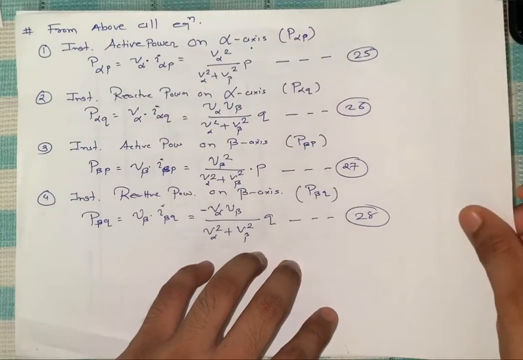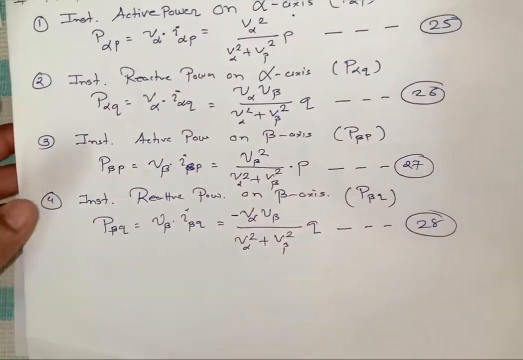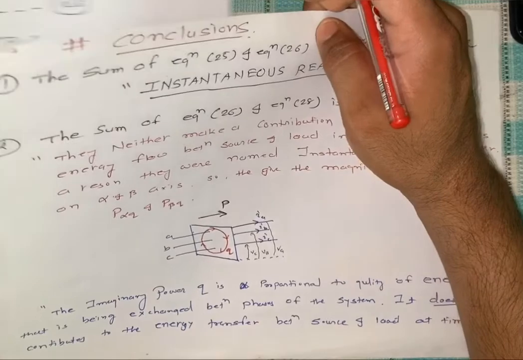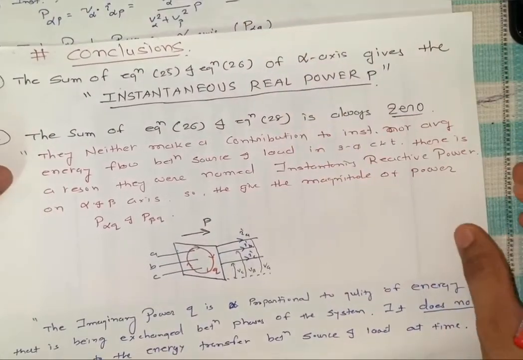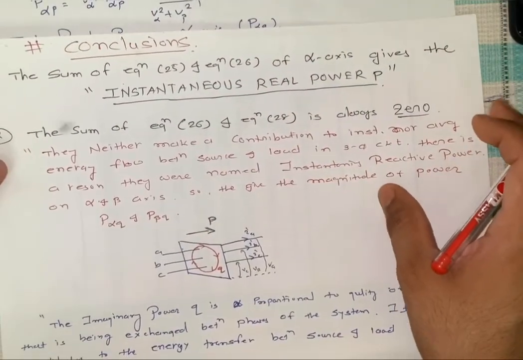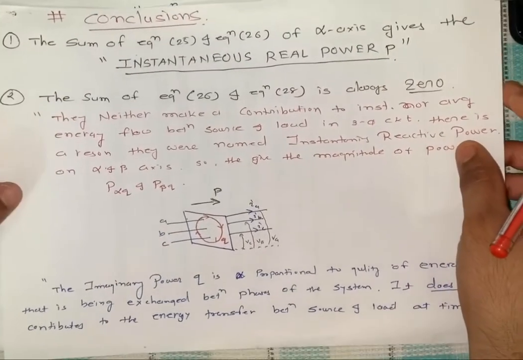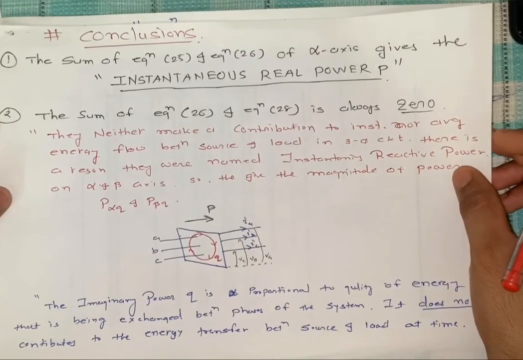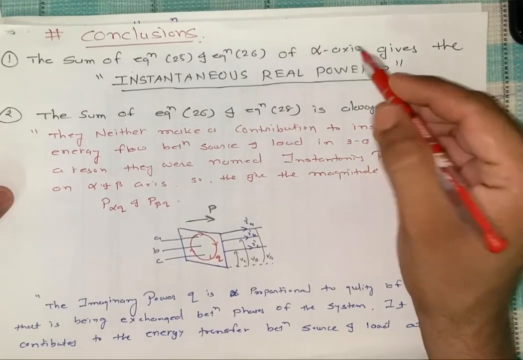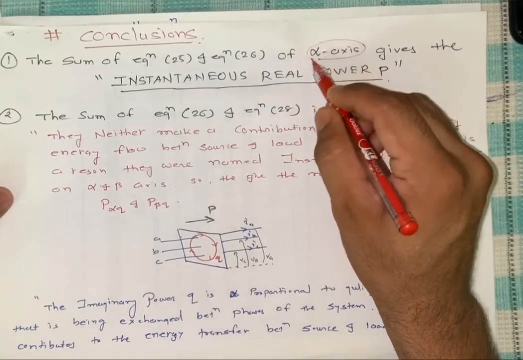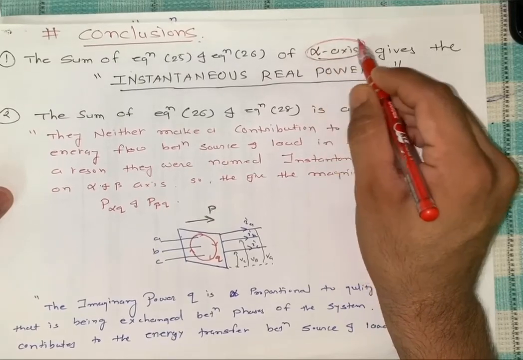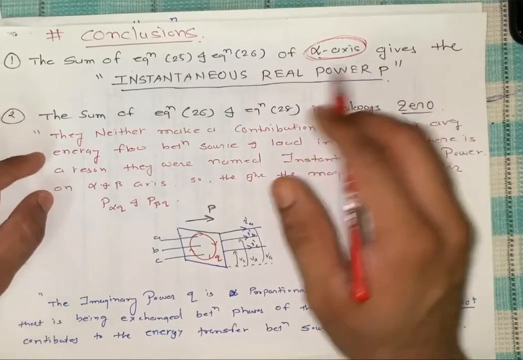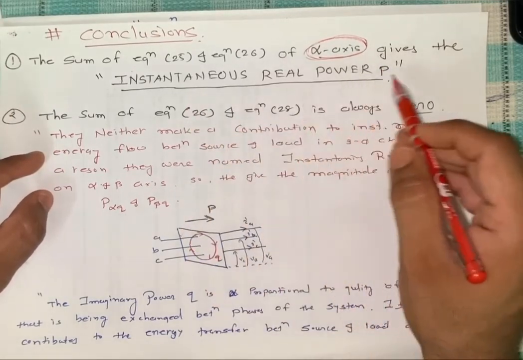Now I will conclude some of the things that are most important to understand. The first conclusion is that the sum of equations 25 and 26, whatever the addition of both alpha axis powers, is called the instantaneous real power.